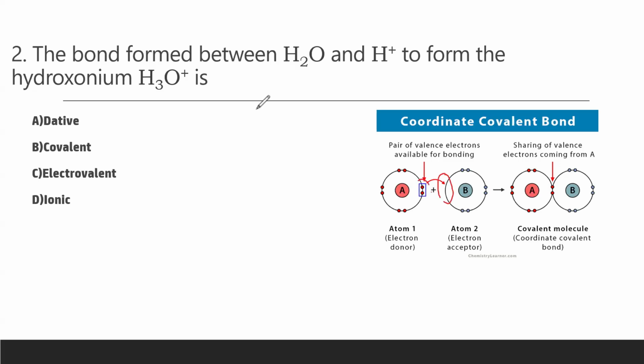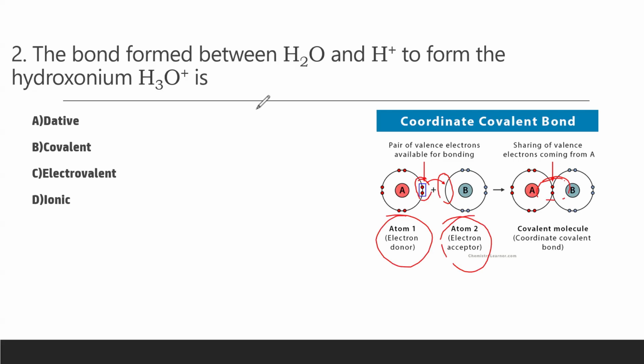So the 2 electrons from atom A will be shared with atom B. It's only atom 1 that shares electrons, while atom 2 does not. So the type of bonding in which there is an unequal sharing of electrons between 2 or more atoms is defined as a dative bond.